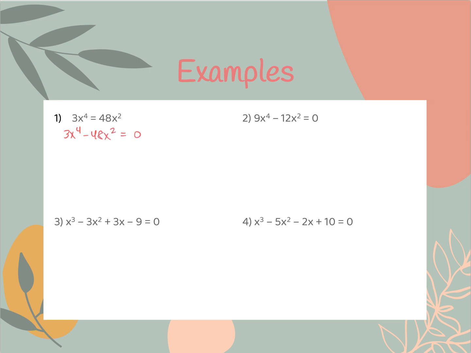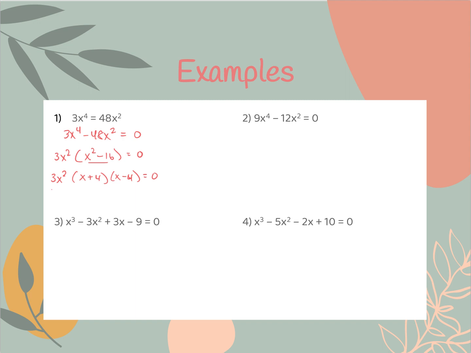Now we're going to look and say, is there a GCF? And there absolutely is. We've got 3x squared as the GCF, and it's going to leave us with x squared minus 16. And then you notice that x squared minus 16 can be further simplified. You know that that's x plus 4 and x minus 4. And so here we've got our three factors that created this.